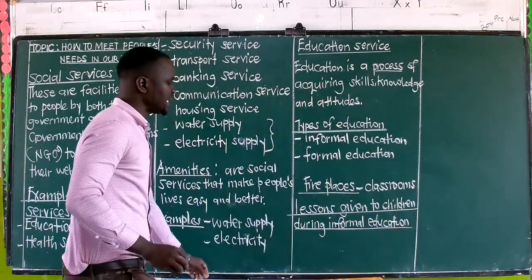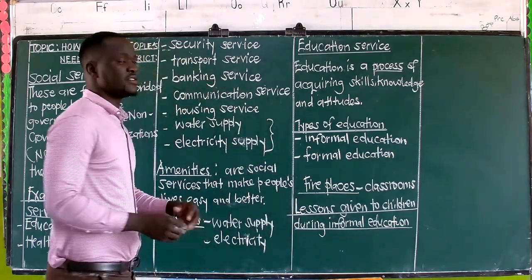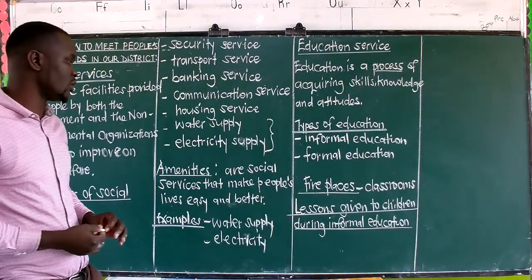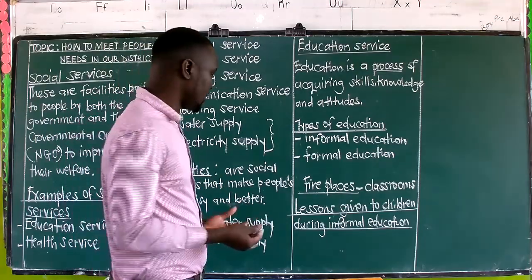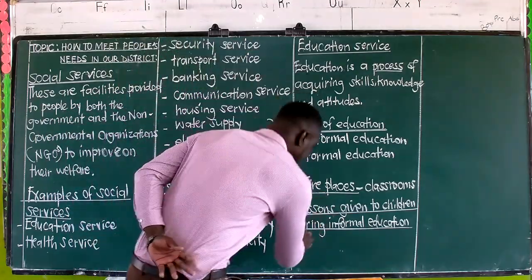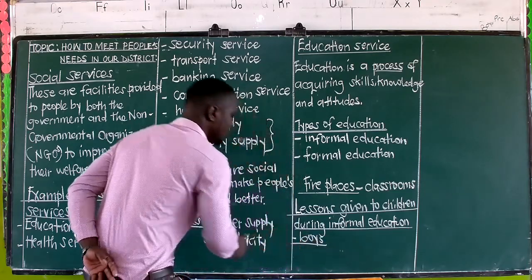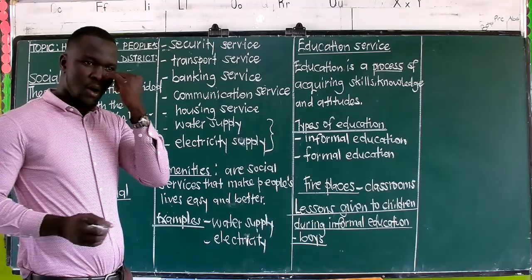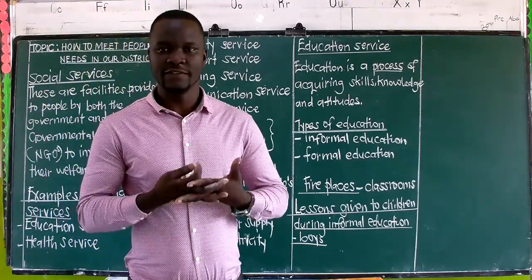Now, which lessons were given to these children? These children were given lessons based on their gender. You could find that children like the boys were given lessons on how to become responsible men in the future.